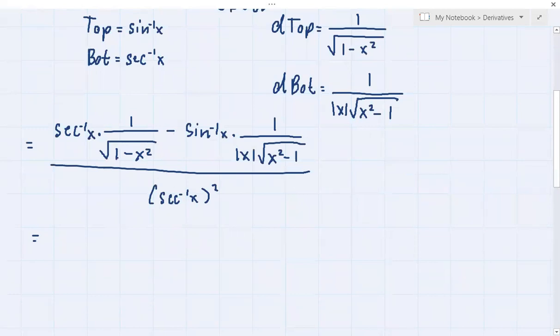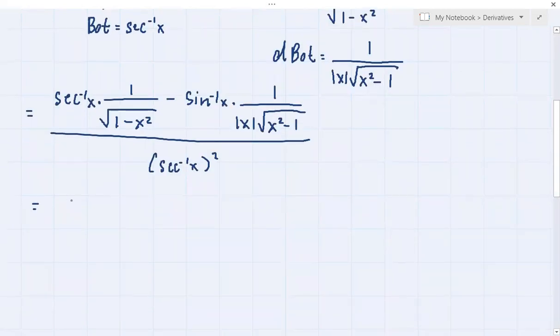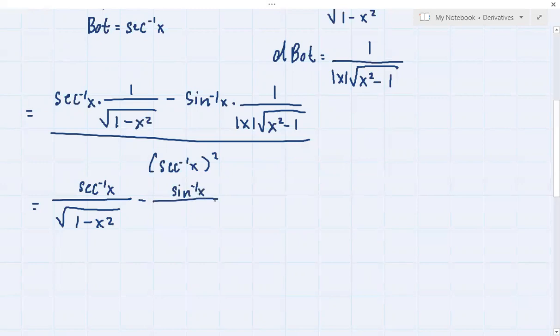So, same thing. Multiply natin muna. Arcsecond times 1 all over the square root of 1 minus x squared. Magiging arcsecond all over the square root of 1 minus x squared. Then on the right side, negative arcsine times 1 all over the absolute value of x times the square root of x squared minus 1. We will have arcsine x all over the absolute value of x times the square root of x squared minus 1 all over the square of arcsecond.